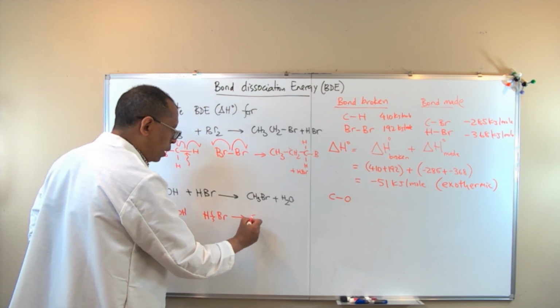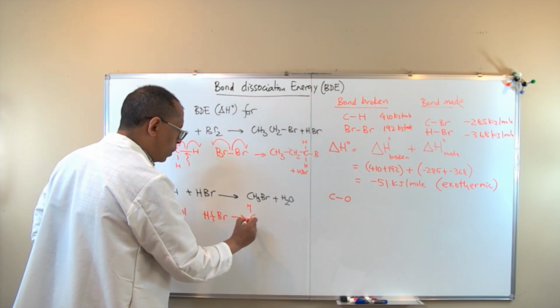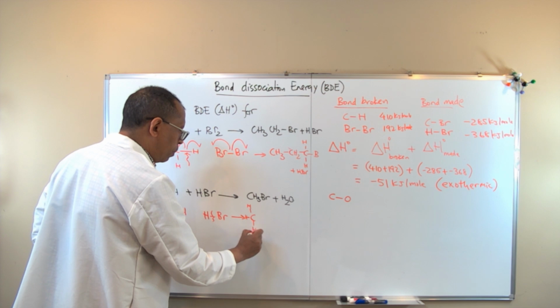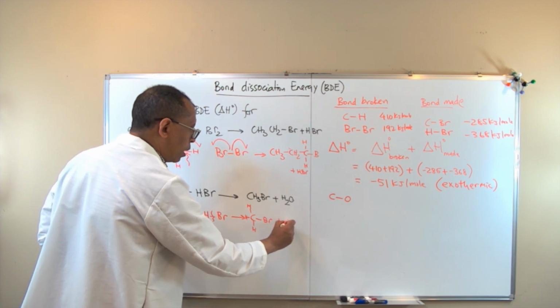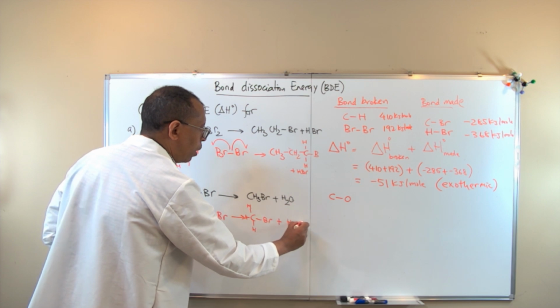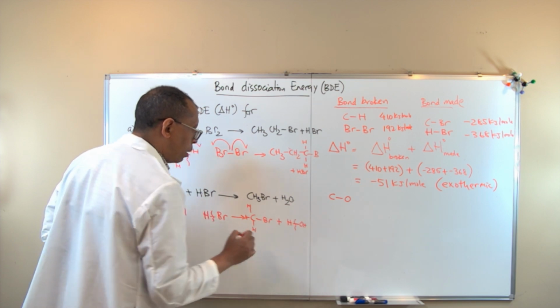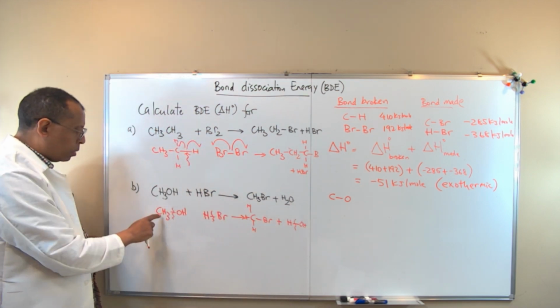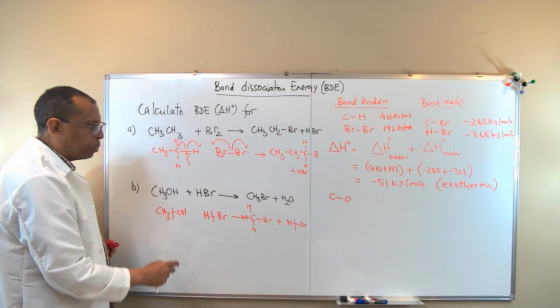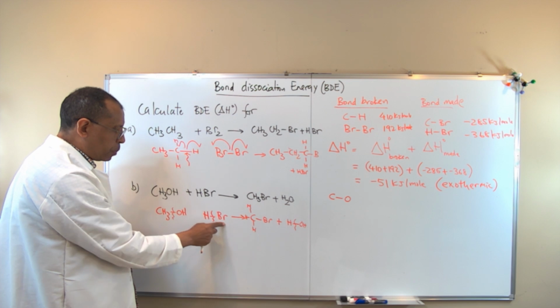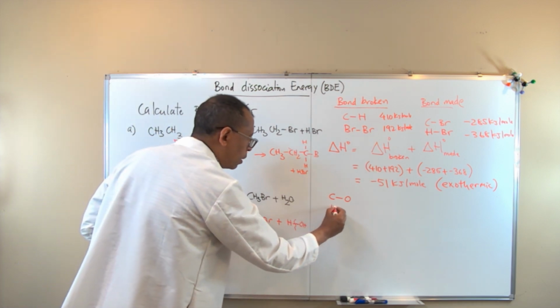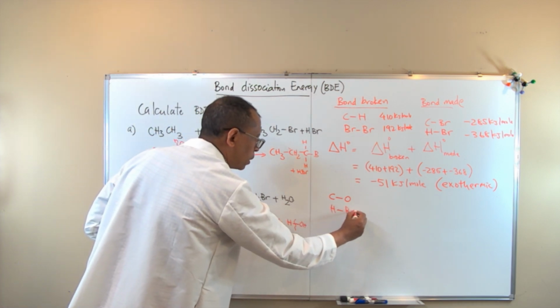HBr is being broken as we just look at it. And here in CH3Br, a carbon-bromine bond is formed. Here HOH is being made. So this is a carbon-oxygen bond that's being broken. So in HBr, that's the bond that's broken.